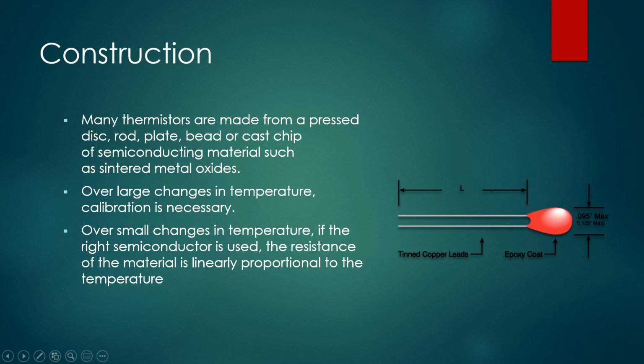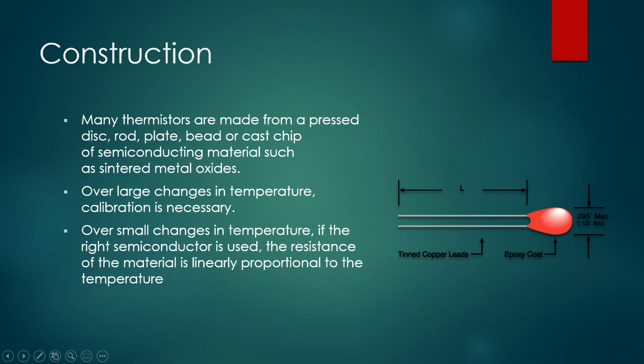The construction of thermistor. Many thermistors are made from a pressed disc, rod, plate, bead, or cast chip of semiconducting material, such as sintered metal oxides. Over large changes in temperature, calibration is necessary.